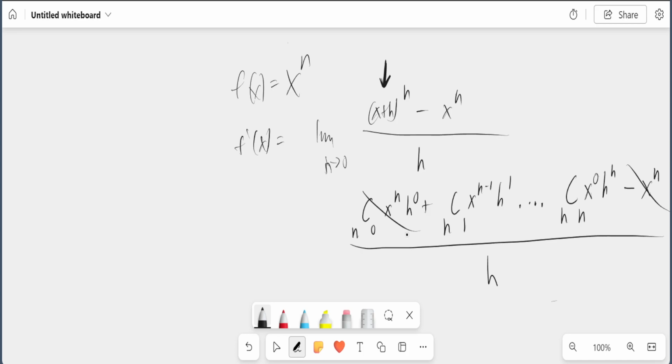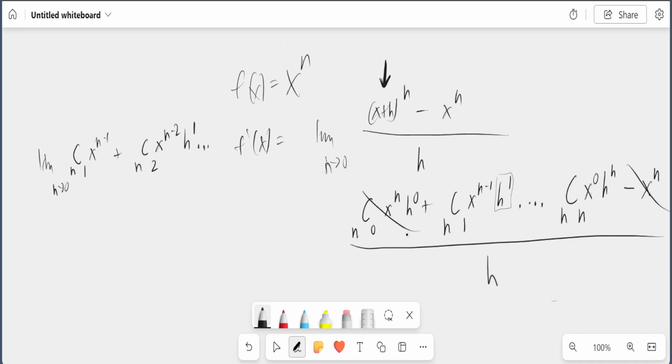So now all of our terms have h in them. The ones inside and the ones out here, they all have h, right? So we can actually divide by h now. So now we get the limit as h goes to 0 of n choose 1, x to the n minus 1, plus n choose 2, x to the n minus 2, h to the 1, because we divided by an h.